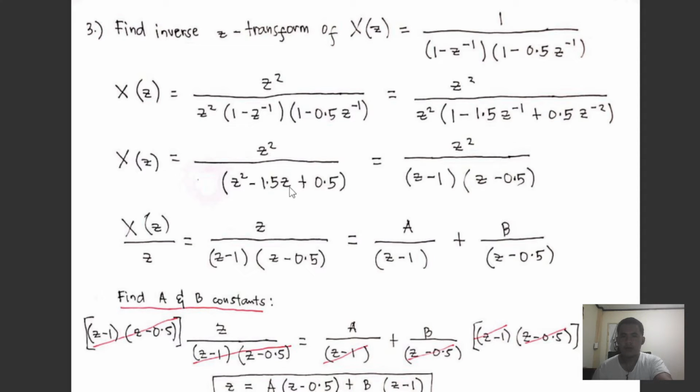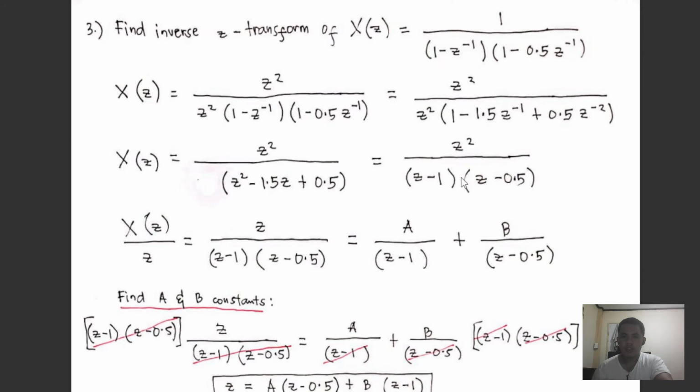And the next step is to decompose this quadratic equation, which gives an equation of (z minus 1) multiplied by (z minus 0.5).